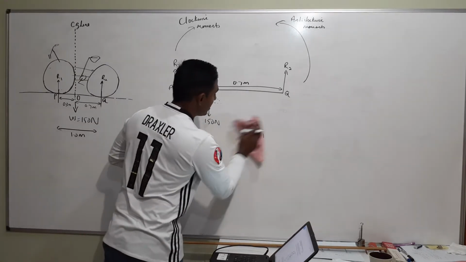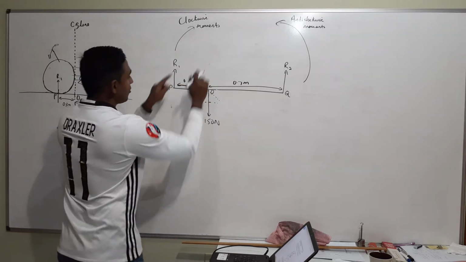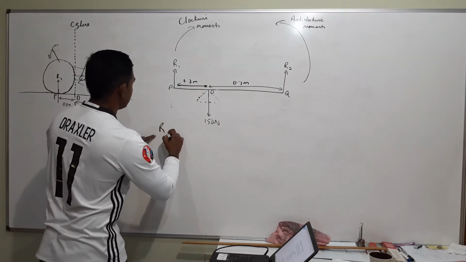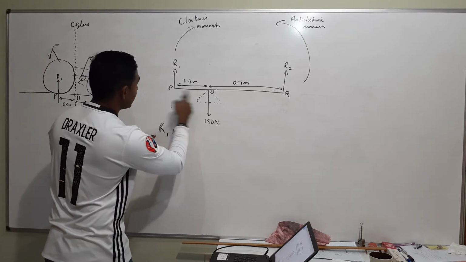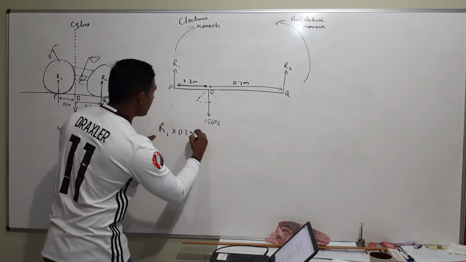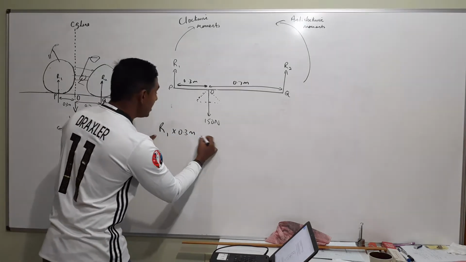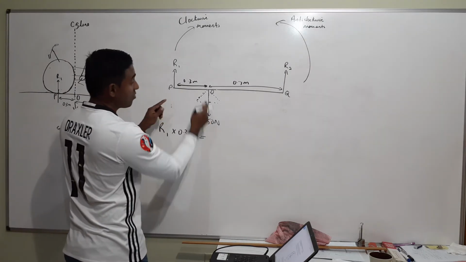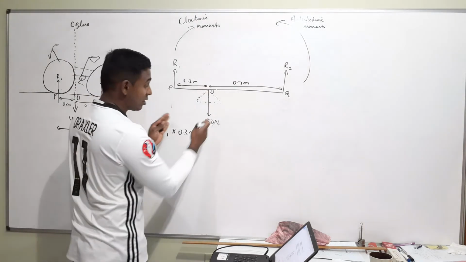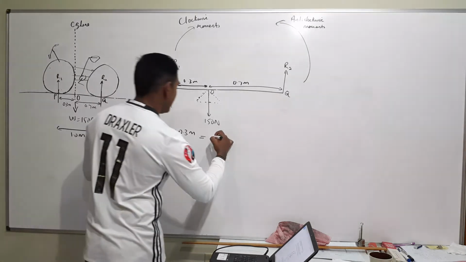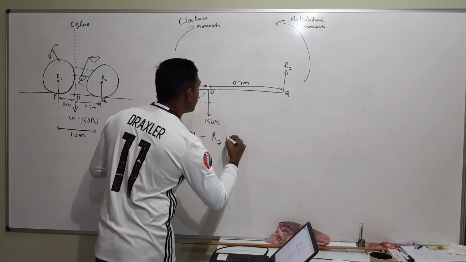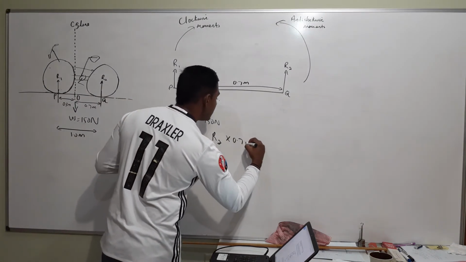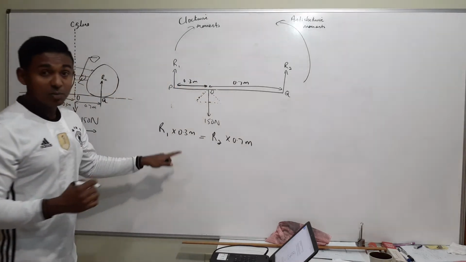I'll just erase this here. It will be R1 multiplied by a distance of 0.3 meters, that's the distance away from where we are pivoting, we're choosing the center of gravity as our pivot, right? Must be equal to R2 multiplied by 0.7 meters. And this is the principle of moments.